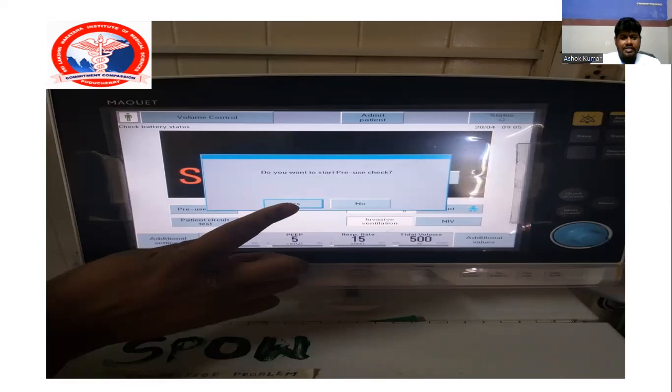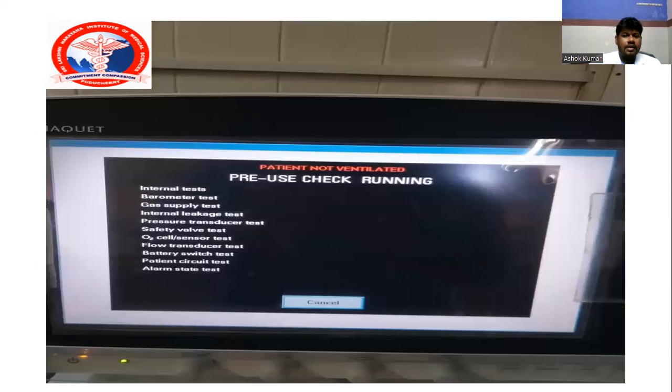Before connecting any patient to the ventilator, the pre-use check is mandatory. Before patient ventilation, pre-use checkup is necessary, with the following tests. First will be the internal test, then the barometer test, then the gas supply test.